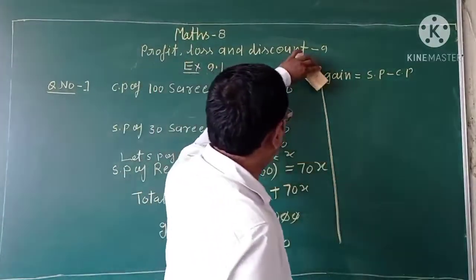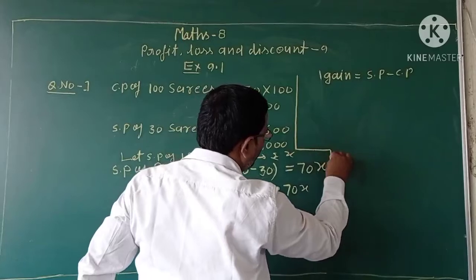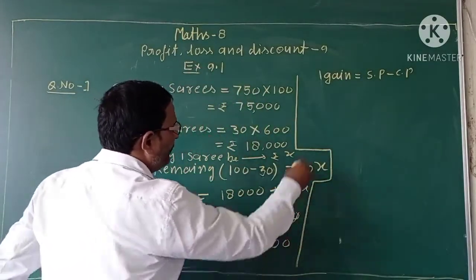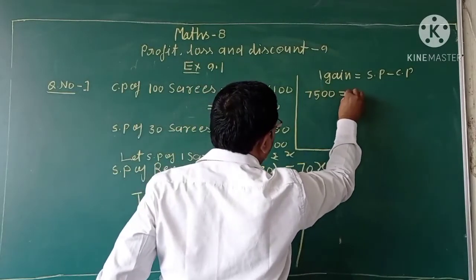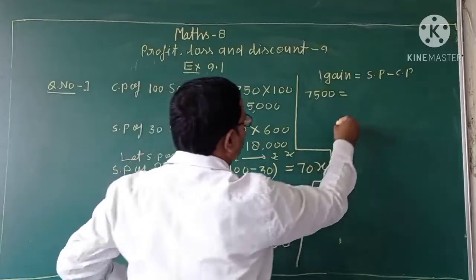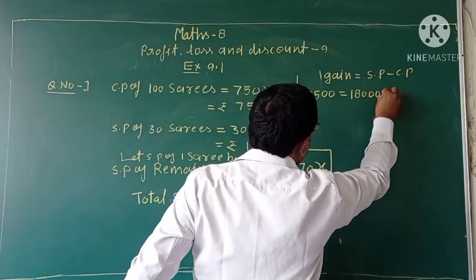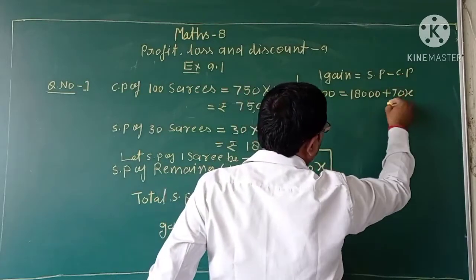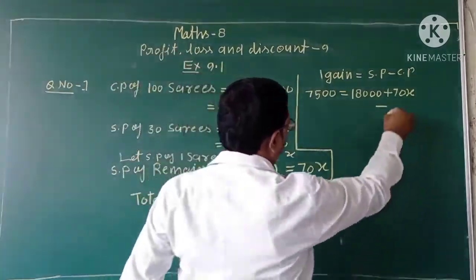Gain is given here, 7,500. Total SP is 18,000 plus 70X, minus CP 75,000.